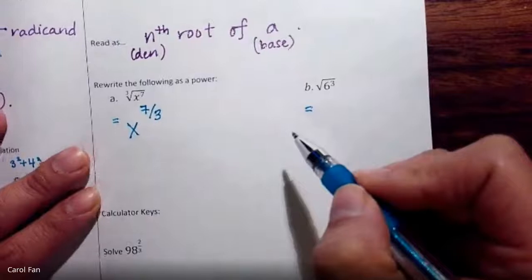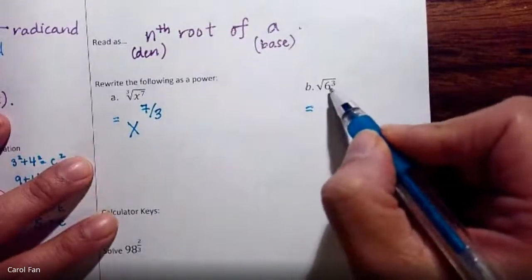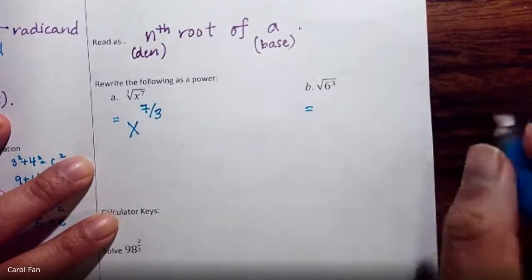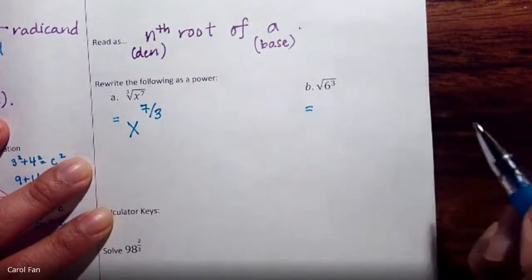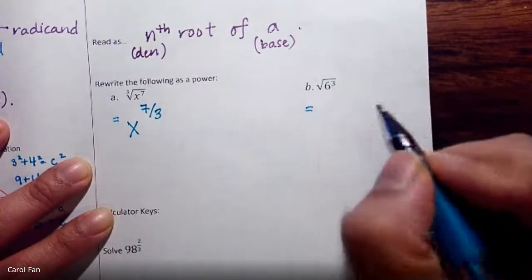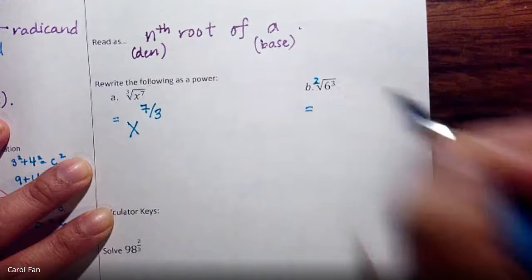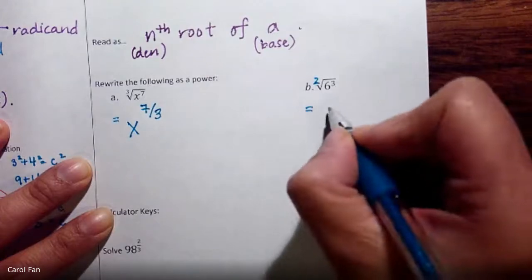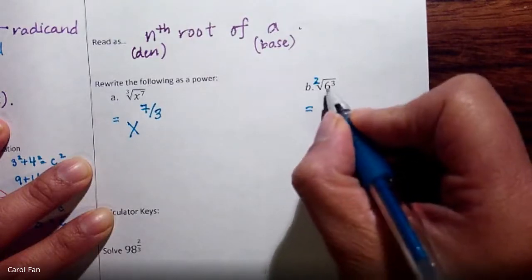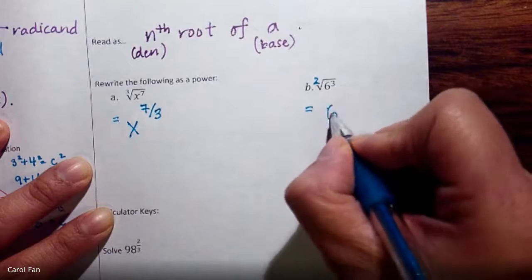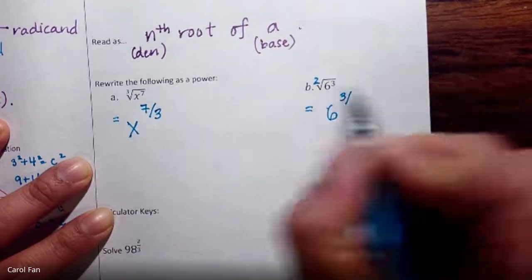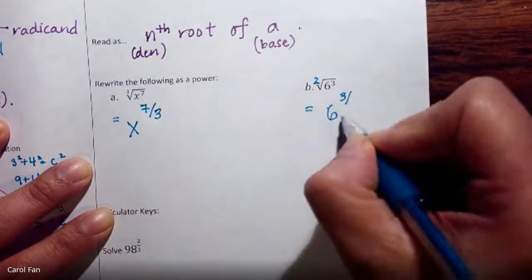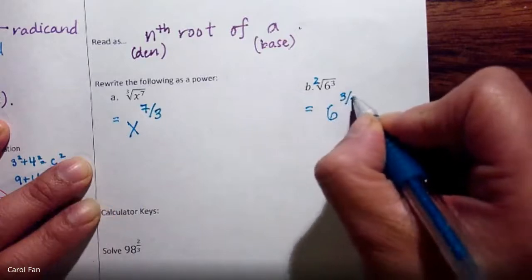My next example, I have the root of 6 to the power of 3. Now, if I have no index there, remember we said the assumption is there's a 2. So it's the square root of 6 to the power of 3. So when I rewrite it as a power, I would have 6 to the power of 3 over 2.